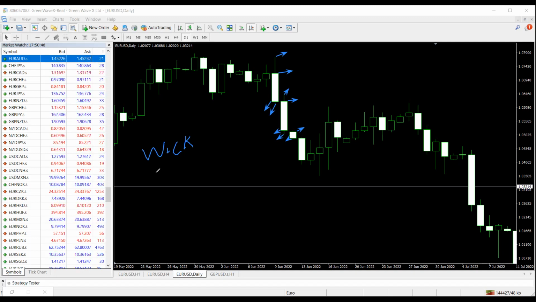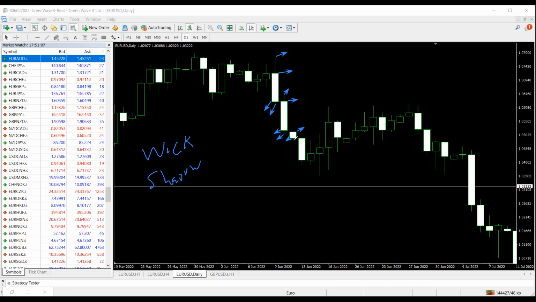So we have the upper shadow and lower shadow. Shadows are in different sizes, depending on the distance between the opening price and the highest price, or the closing price and the highest price, depending on what color of the candle that we have.